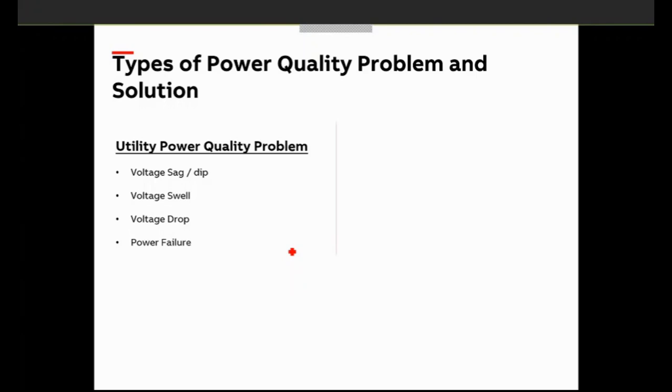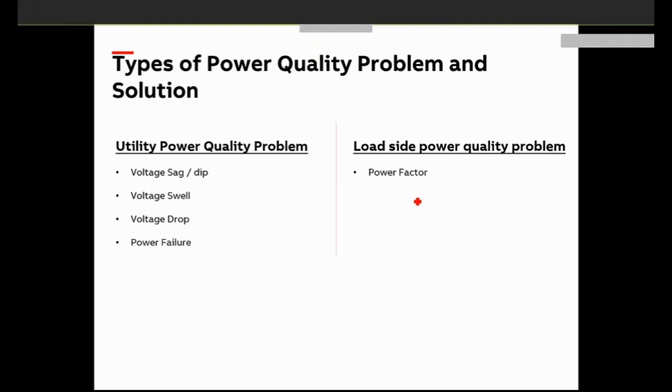The second is the load side power quality problem, which are the power factor and the harmonics. We also have other power quality problems, which are single phasing and voltage unbalance.